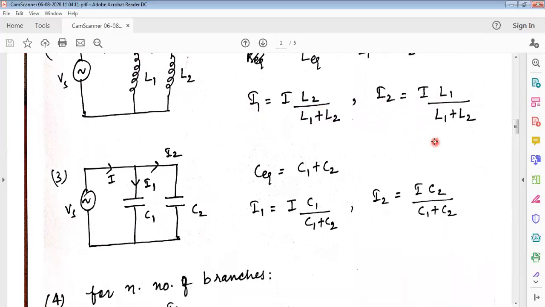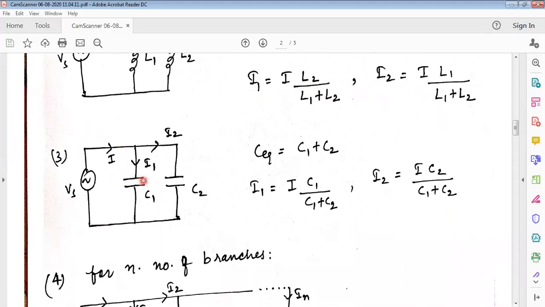Now for capacitance. C equivalent will be C1 plus C2 for two parallel connected capacitances. Then the equivalent capacitance will be C1 plus C2. Here I1 will be equal to I into C1 divided by C1 plus C2. Why the same form? Because here you have to write 1 upon C2 divided by 1 upon C1 plus 1 upon C2.